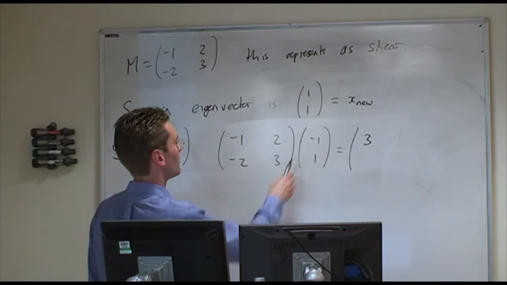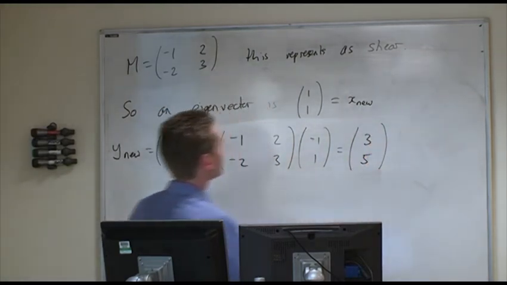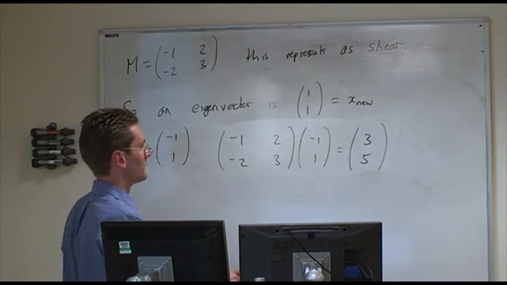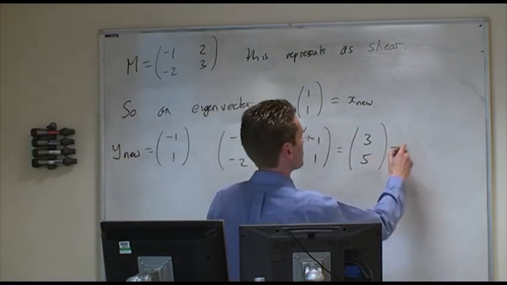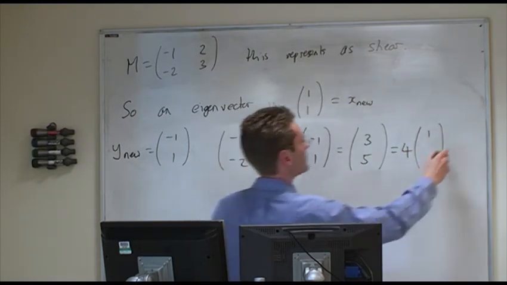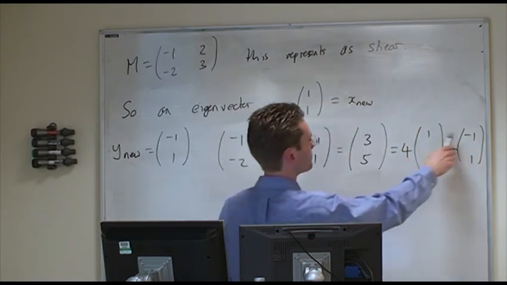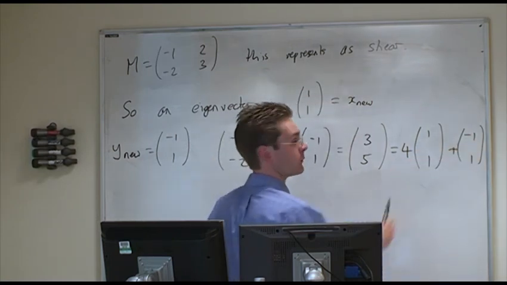Then minus 2 times minus 1, which is 2, plus 3, which gives me 5. Well, a little bit of computation will show that that's equal to 4 lots of 1, 1, plus 1 lot of minus 1, 1. Let's just check that. 4 plus minus 1 is 3, 4 plus 1 is 5.